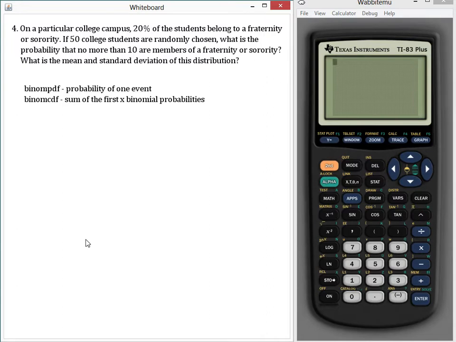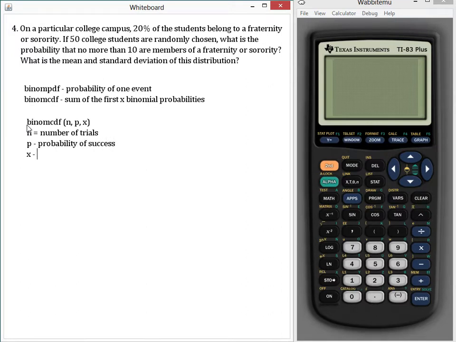All right, now in order to use it, it takes a few inputs, and so let's jot those down. The inputs are n, p, and x. N is the number of trials. P is the probability of success.